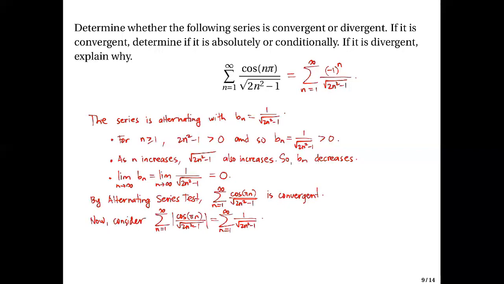So what we're going to do is use LCT, the limit comparison test, and compare it with the harmonic series 1 over n from 1 to plus infinity, which is the divergent harmonic series.